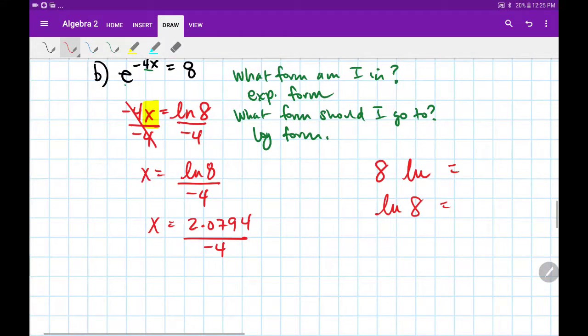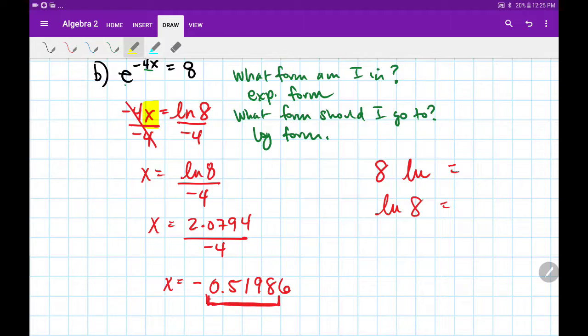My answer is -0.519, and then the next number is 86. So I like to round to 4 decimal places. That means that this number, if it's bigger than 5, means that one has to go up by 1. That's what it means to round up. So since that number is bigger than 5, then my answer is going to be -0.5199 instead of 98.